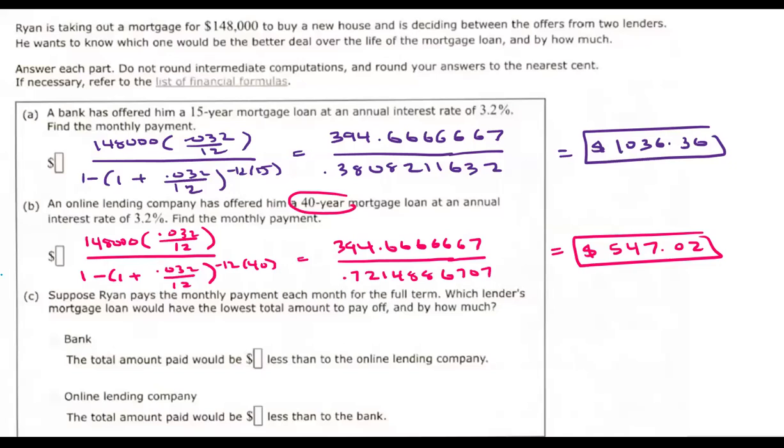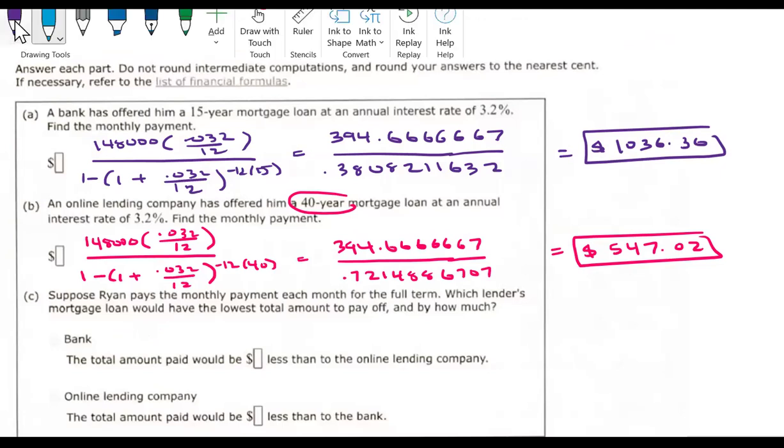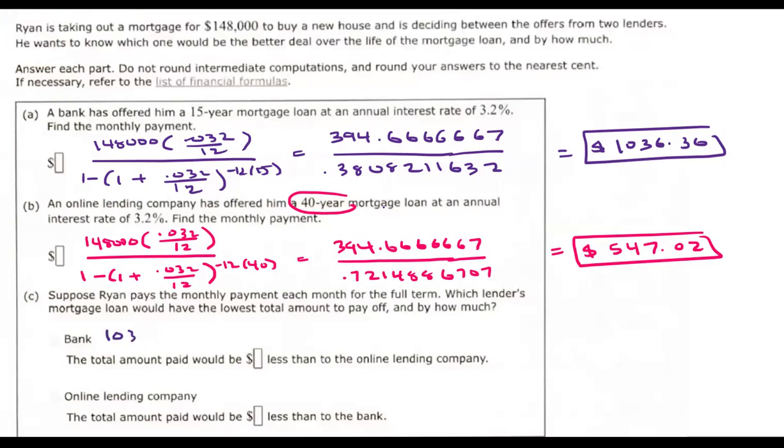All right, so for the bank one, we just take the $1,036.36. Let me rewrite that part there. So $1,036.36.